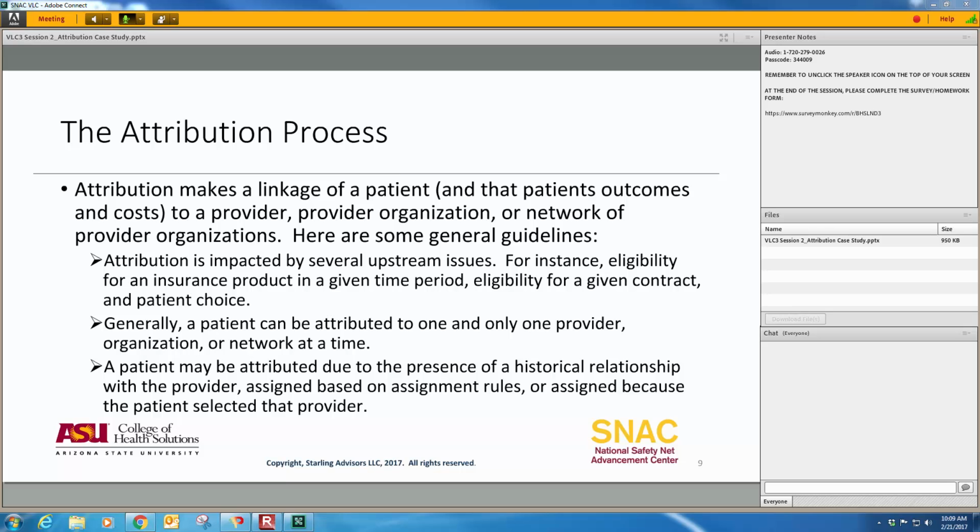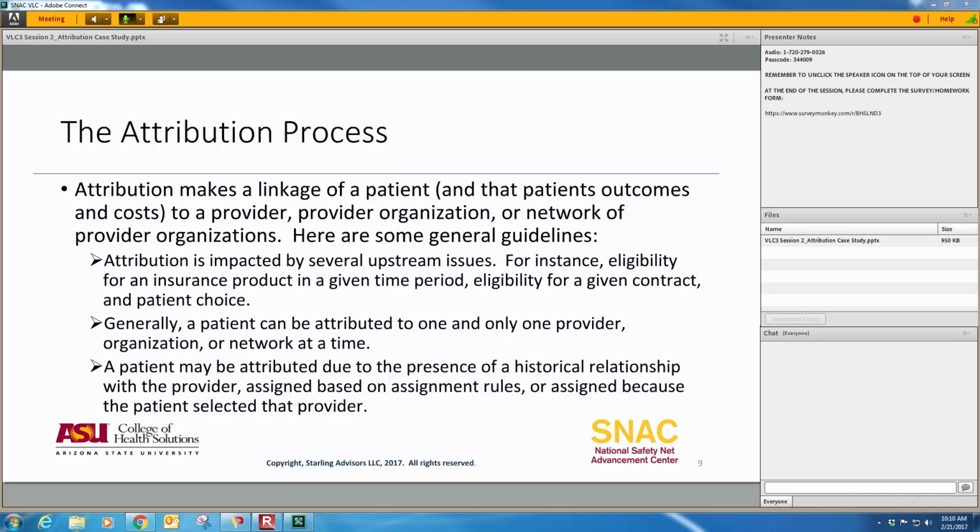And what we mean by linking their costs is that when we study the cost trends for that patient, the attribution process in essence allows the plan to make some claim that that provider organization or network is the one that's responsible for the outcomes associated with the total cost of that patient's care.